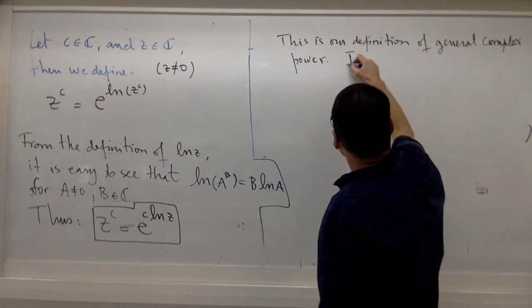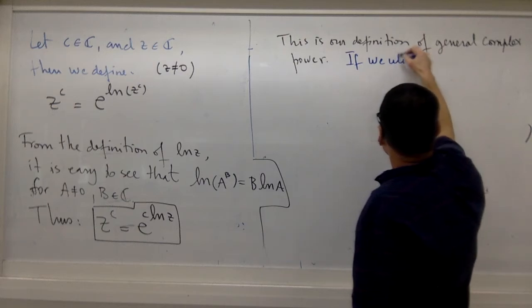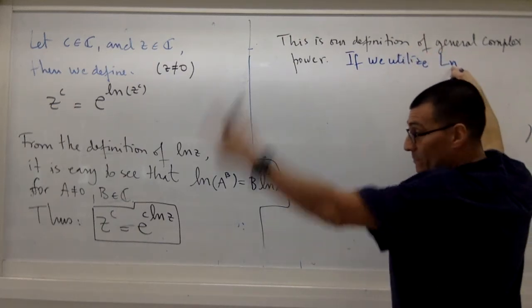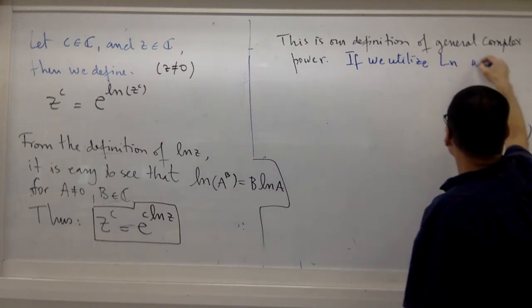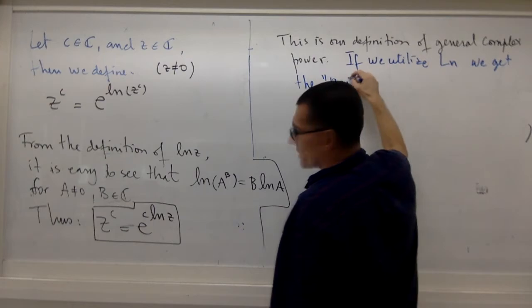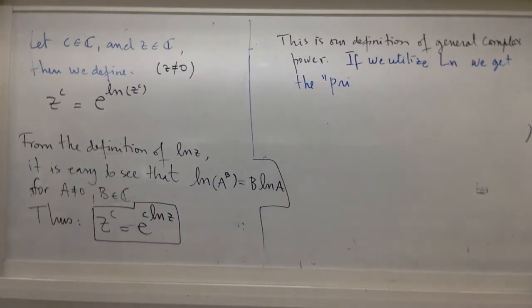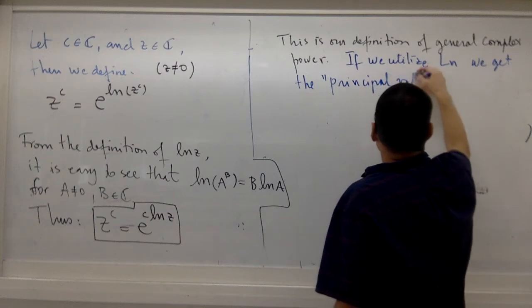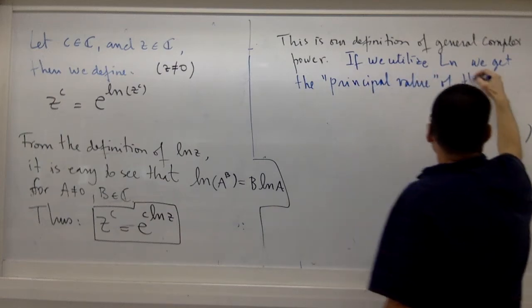If we utilize the complex logarithm, but the principal value of the logarithm there, we get the principal value. Is it called the principal value? Let me check. Yeah. Principal value of the power, the complex power.